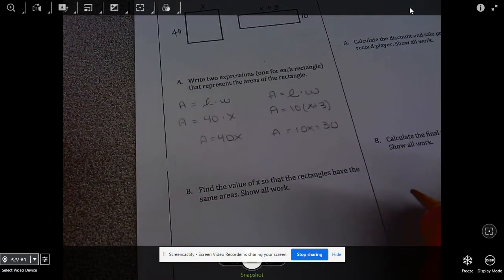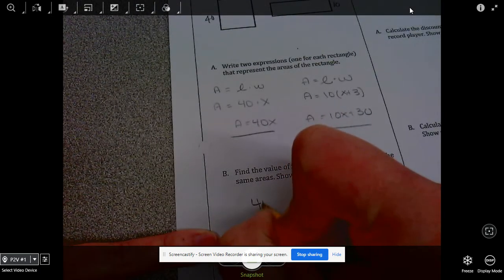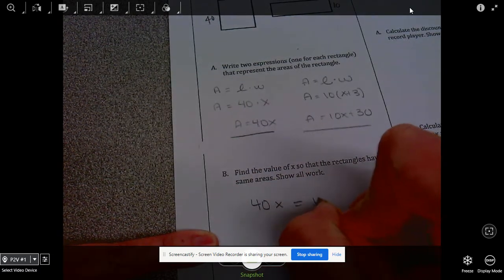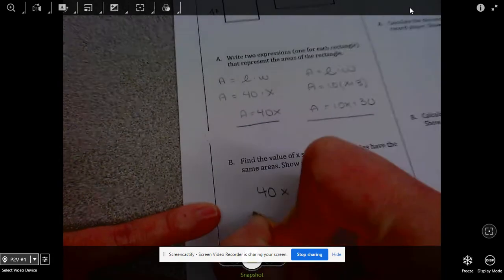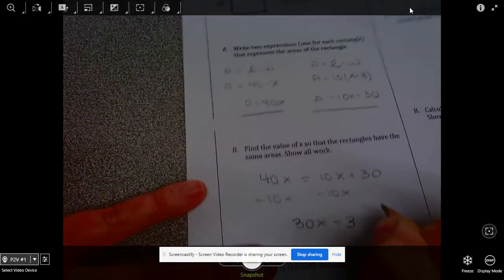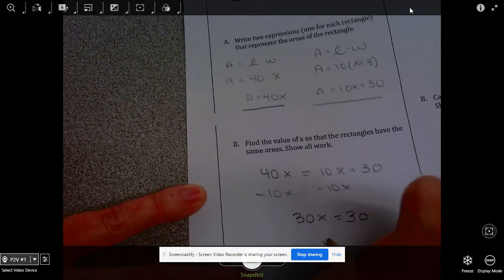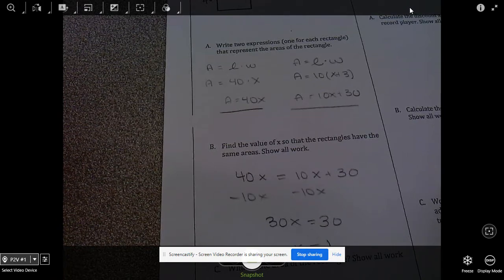Just find the value of x so that the rectangles have the same area. Well, if they're the same, then they are equal. So x would have to be 1 for them to be equal.